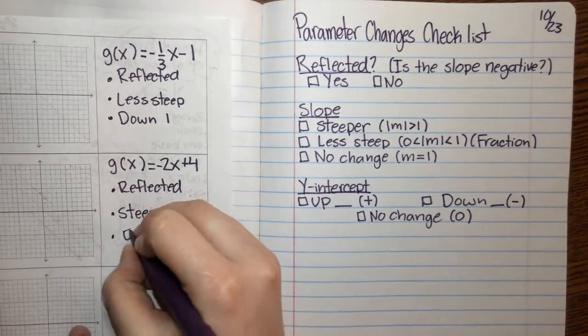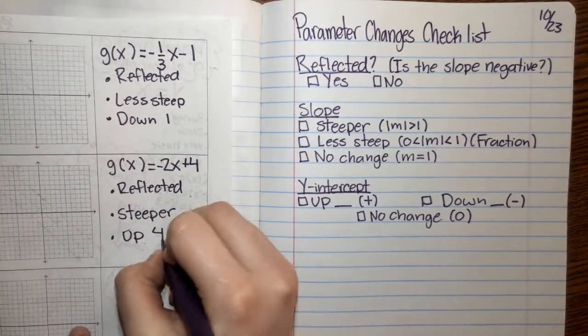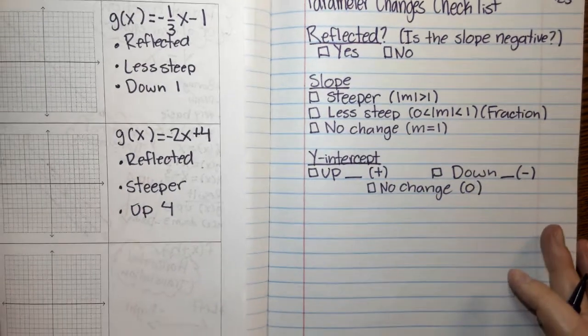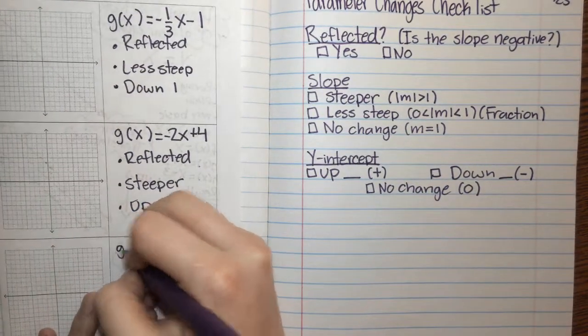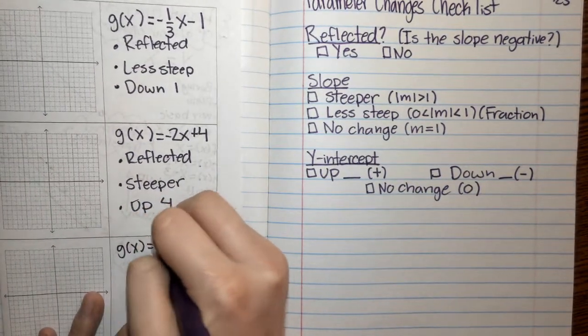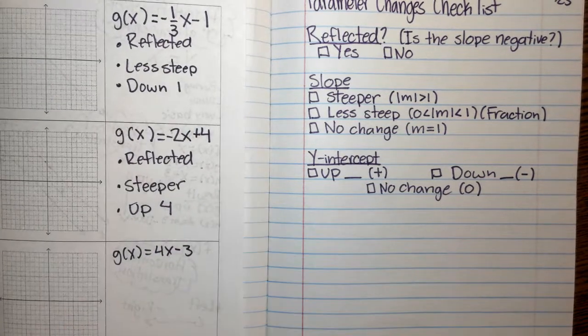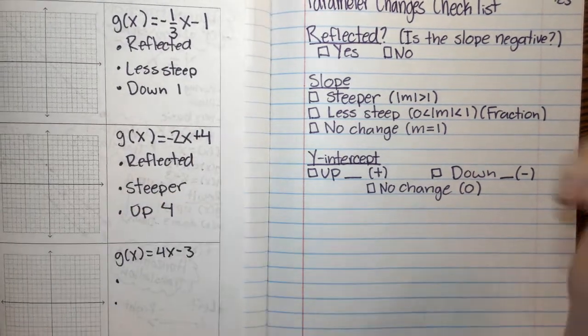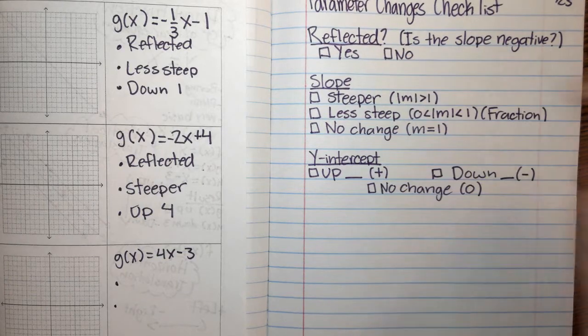Can we do one more? Sure. All right, so I'm looking at this. Is it being reflected? No. Okay, so I'm not going to write that down. I don't have to write it. All I'm doing is comparing the differences.